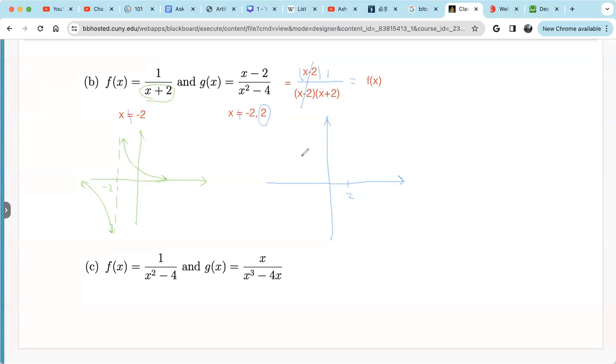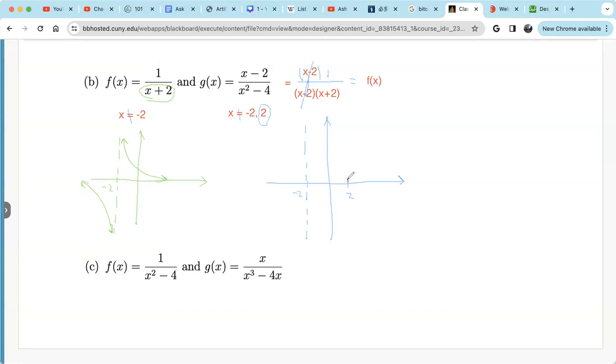So let's see if 2 is here. Then the rest of the graph is very similar. This is -2. Okay, we have the vertical asymptote here. We were supposed to have a vertical asymptote at 2, but because of the simplification, it becomes an open circle. When x equals 2, we get a quarter.